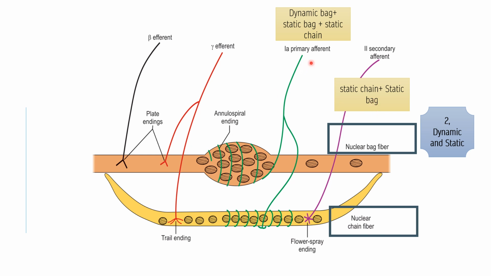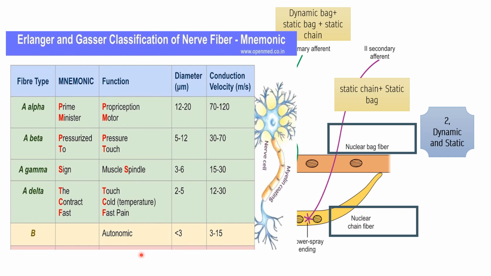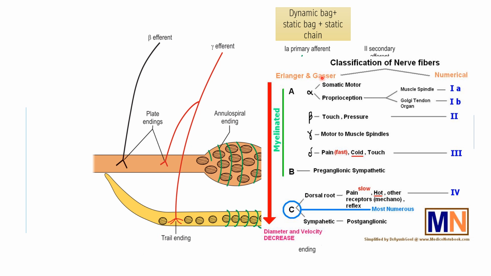Now what do we mean by this dynamic and static, and also by this 1A and 2? From the Erlanger and Gasser classification, we have classified the nerve fibers according to their diameters. Some fibers which are very thick and myelinated are the A type of fibers. Some are less thick, which are the B and the C fibers, and the C fibers are totally unmyelinated fibers.